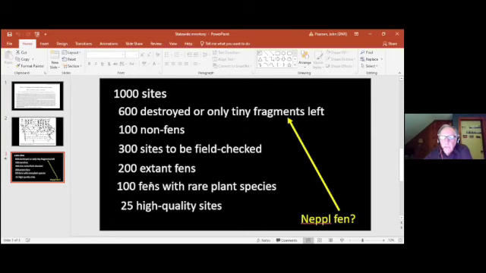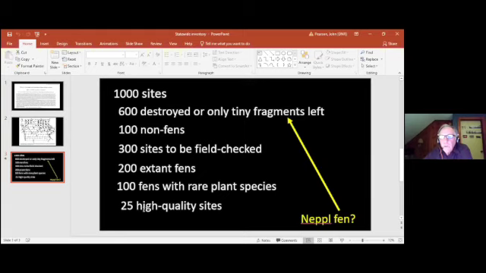About 100 of those sites actually had one or more fen species on them. And again, some of them occurred, ironically, just as a little bitty, small population on a highly degraded site. I remember Mark and I came across some that might have had just one plant, 1 or 2 stems of one rare species that was hanging on to the edge of a drainage ditch, looking deep into the ditch, but there they were nonetheless.